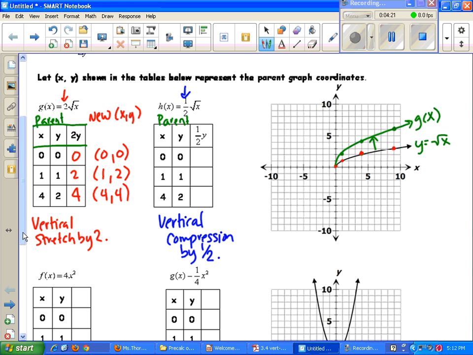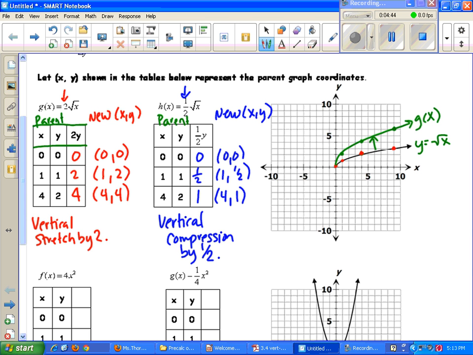Now I can take my y values from my parent function and multiply them all by 1/2. 1/2 times 0 would give me 0, this would be 1/2, and 1/2 times 2 would be 1. So the new x and y coordinates for your transformed graph would be 0, 0, 1, 1/2, and 4, 1.